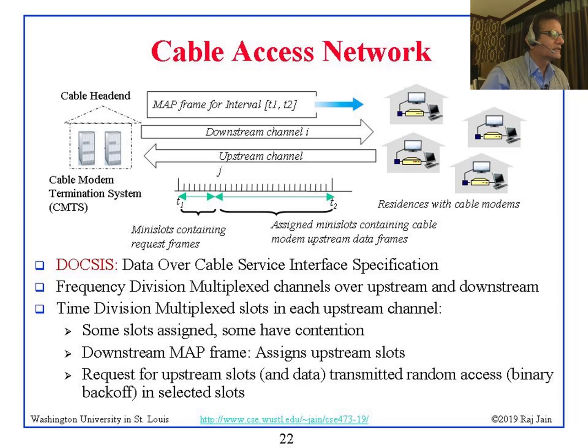It's a big box, and from there a cable goes to every home, and on the right we see 4 homes. On the left there is a downstream channel, and the bits are clearly marked with which home they are going to.